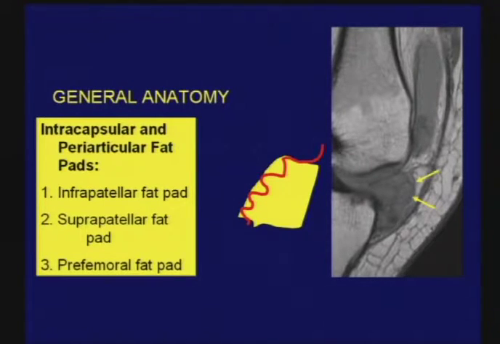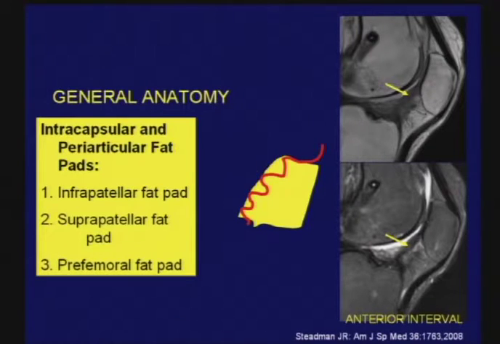A bland effusion, as one might see with an internal derangement, may cause minor changes, but not changes as extensive as what is shown here. So this is a good way to sort out the nature of the joint process, looking at that interface between synovial membrane and fat.